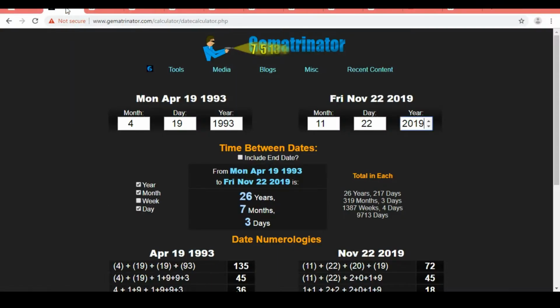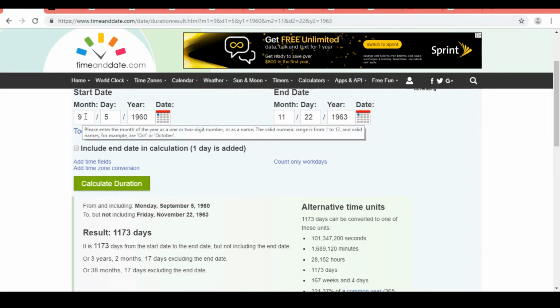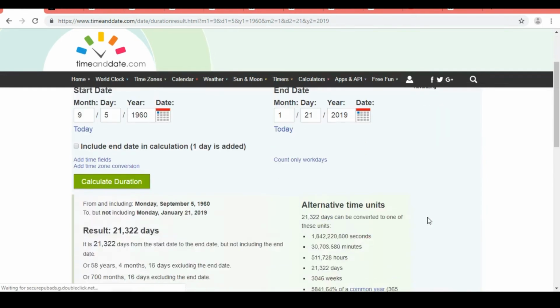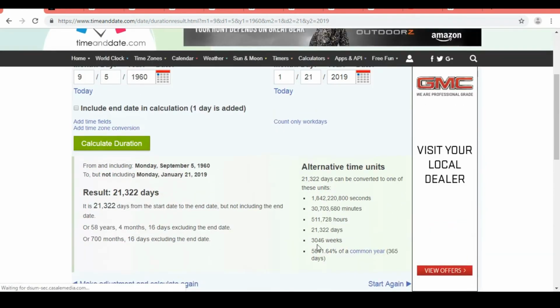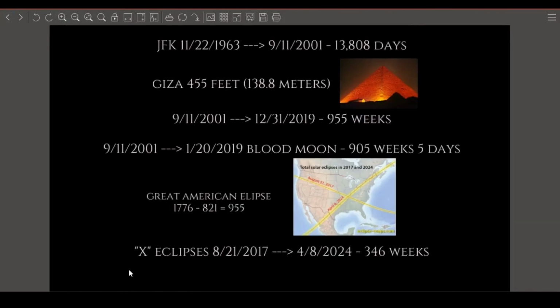If we look at the total time here, from the lunar eclipse before the assassination to the coming blood moon eclipse in 2019, we have 3,046 weeks between those lunar eclipses, and this is a reference to the time between the two eclipses that form an X over Illinois. It's 346 weeks. We disregard that 0 for the 346.